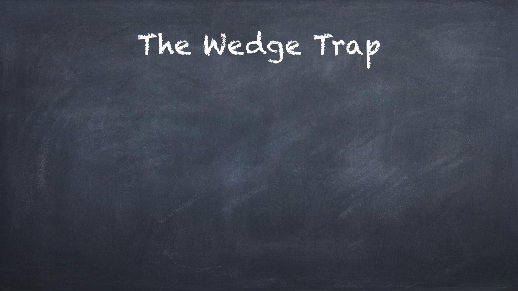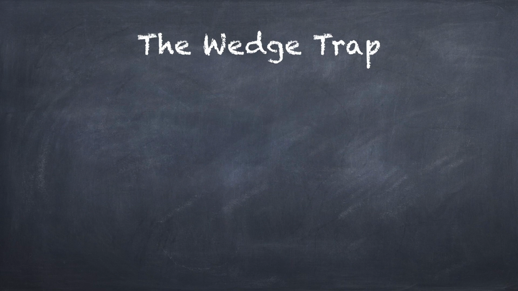So now let's talk about the wedge trap. What the heck is a wedge trap? In a similar way to the mechanism of trapping volume that we just looked at, a wedge or a pennant pattern works in much the same way, except that it is trapping volume in both directions.